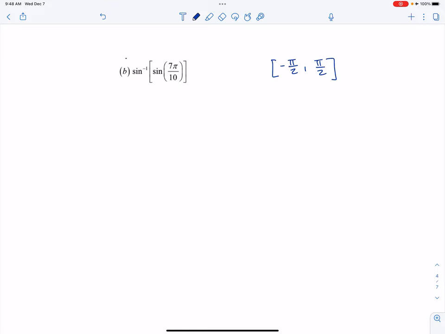Except 7 pi over 10 is not in the interval. It falls outside of our interval. So what we need to do is reference our unit circle to find out where we would get the same angle in our interval.